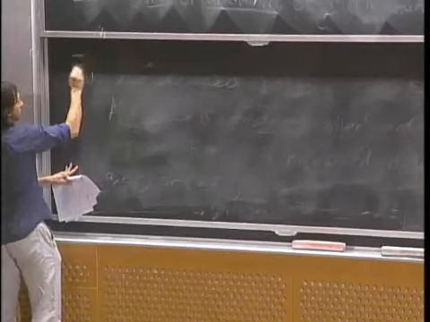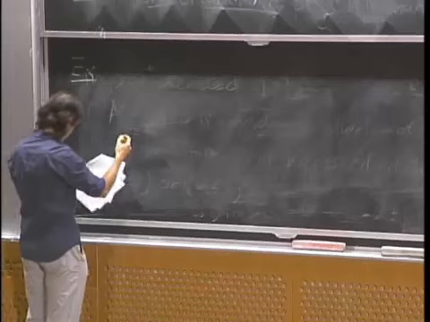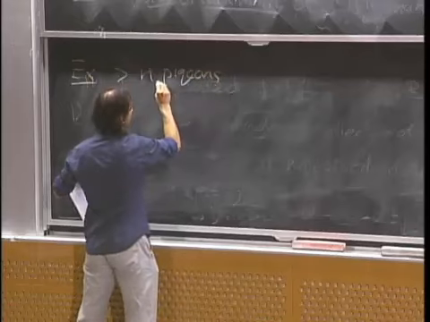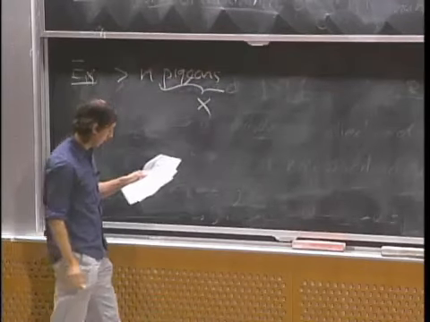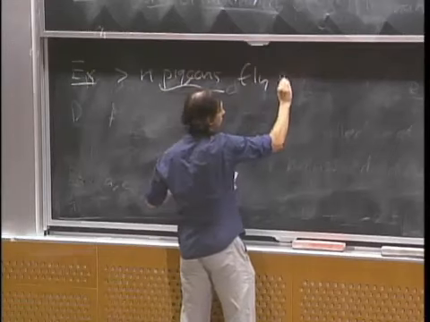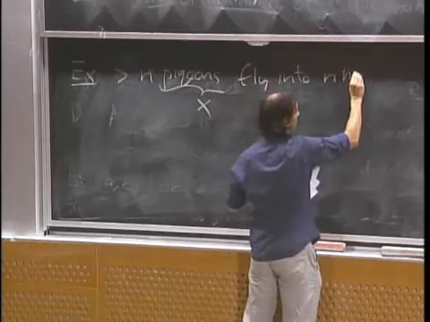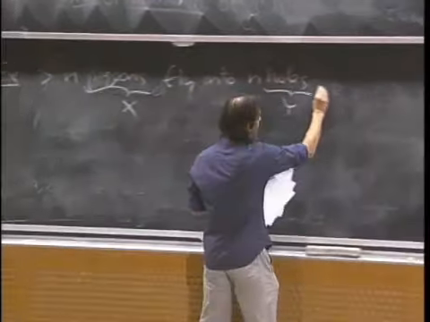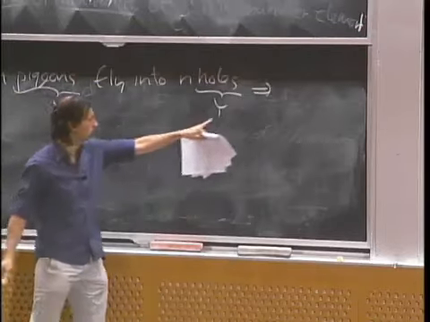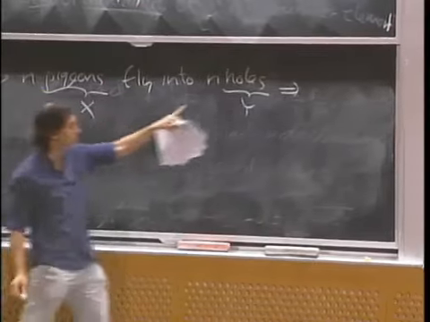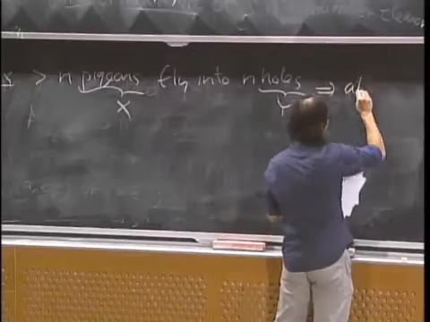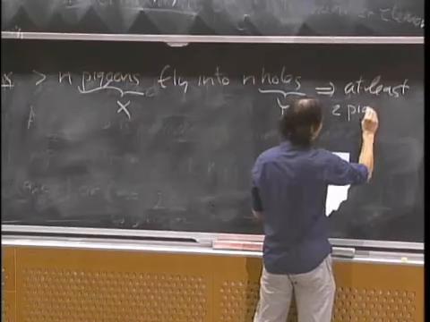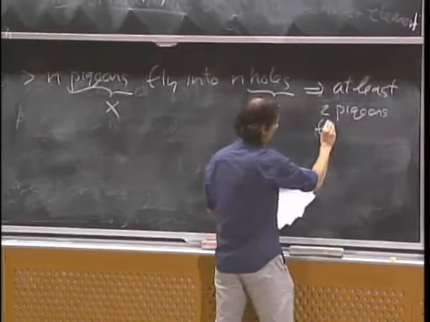An example is, if I have more than n pigeons, so the pigeons form the set X, and say they fly into n holes, and the holes are my set Y, then I know that the cardinality of X is more than the cardinality of Y. I have more pigeons than there are holes. So I know that at least 2 pigeons will fly into the same hole.